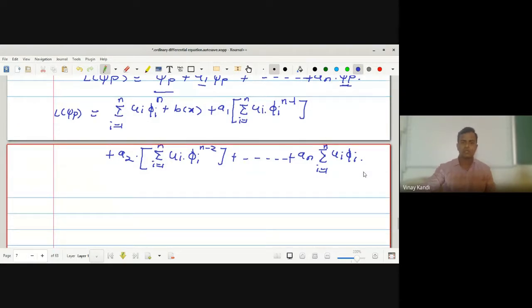Now the L of ψp is equal to, okay, before going to that, one statement is there. Okay, collecting the terms, collecting the terms u1, u2 up to so on un, we get what we get.